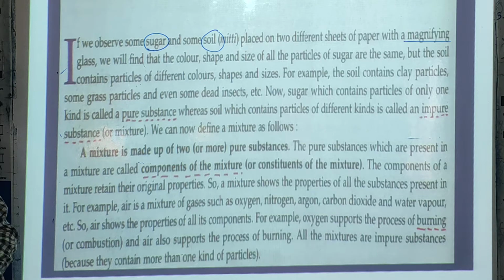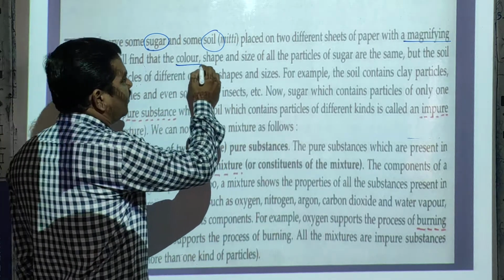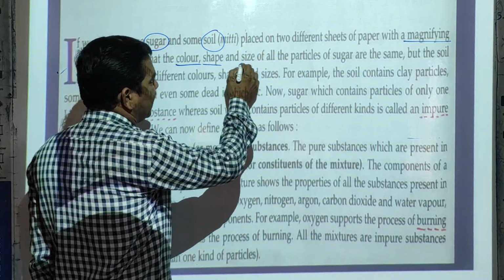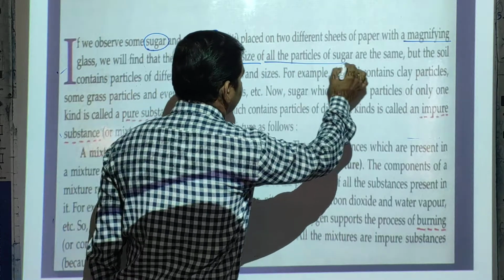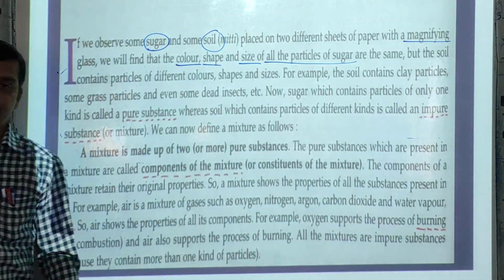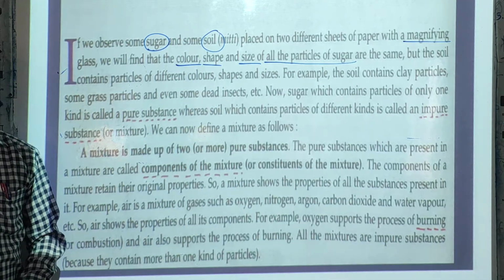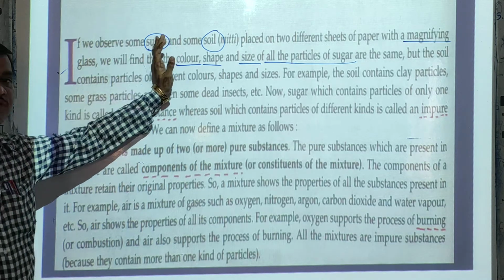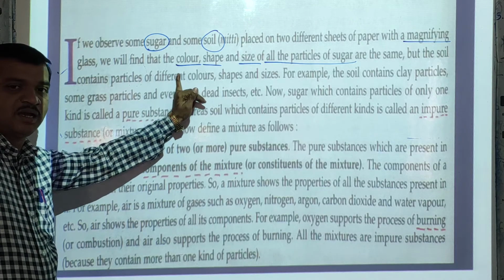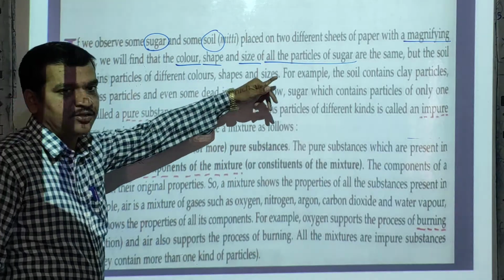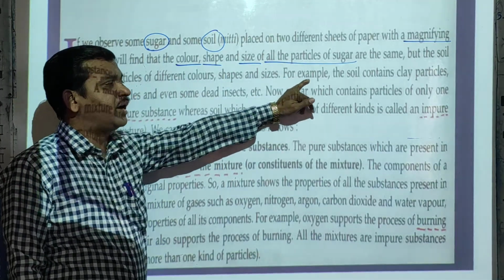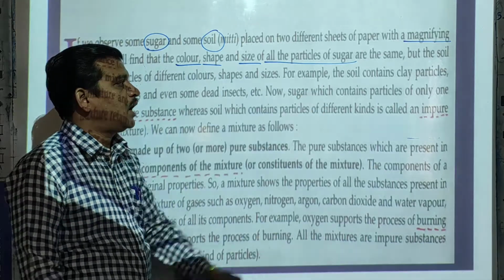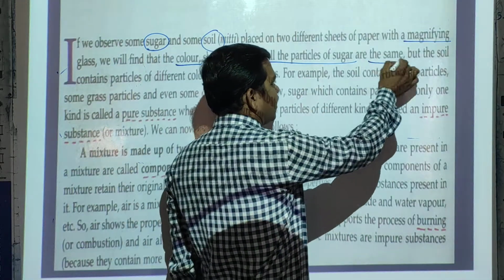You can observe that the color, shape and size of all the particles of sugar are the same.